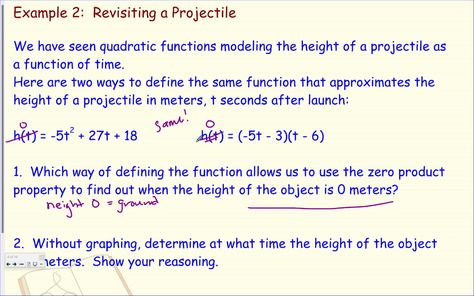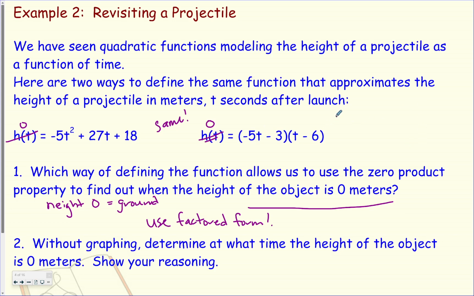So use factored form. And we can do this without graphing, right? At what time is the height of the object 0? Okay, let's look at this function.